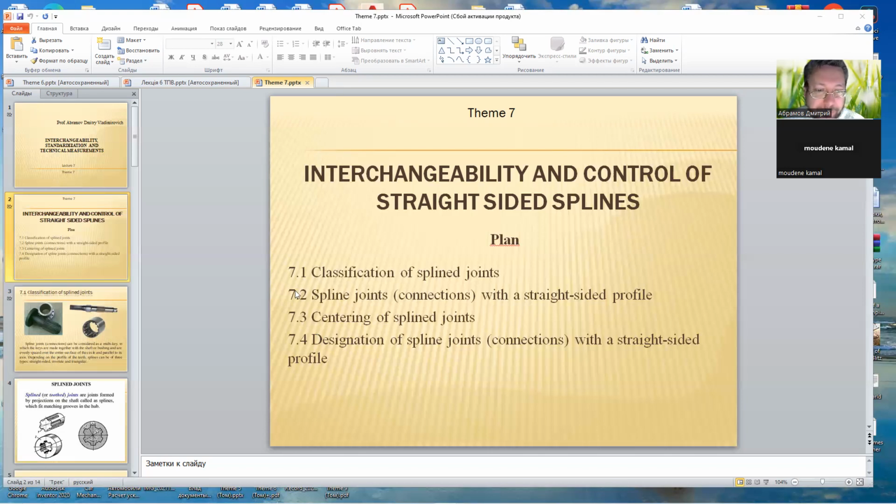And 7.4 Designation of spline joints or connections with a straight-sided profile.